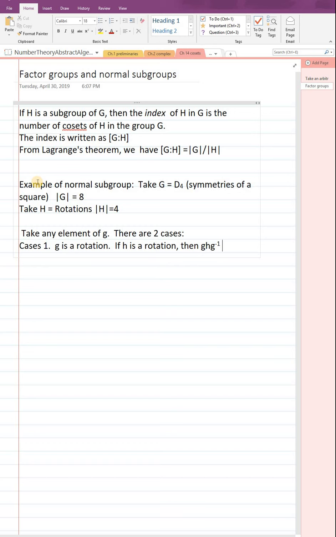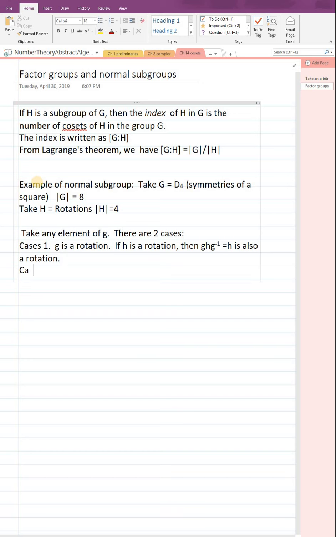It just equals H. So it's also a rotation, because the rotation group is commutative. So that's true.